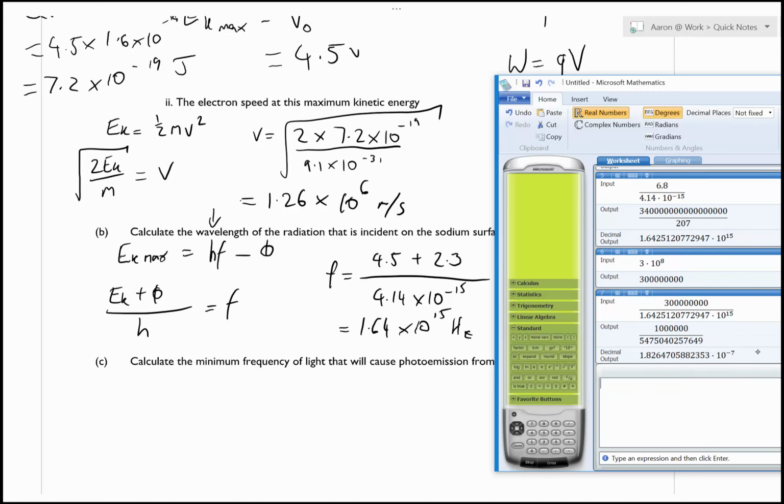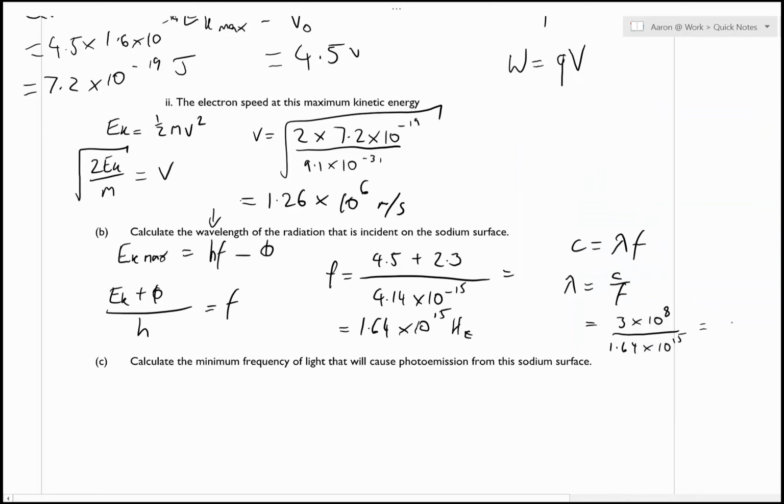But again, remember, we usually do wavelength in nanometers. So to convert this to 10 to the negative 9, that's 183 nanometers. Or 1.83 times 10 to the negative 7 meters, same thing.